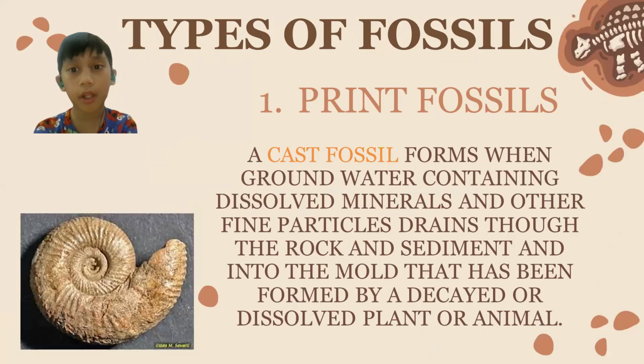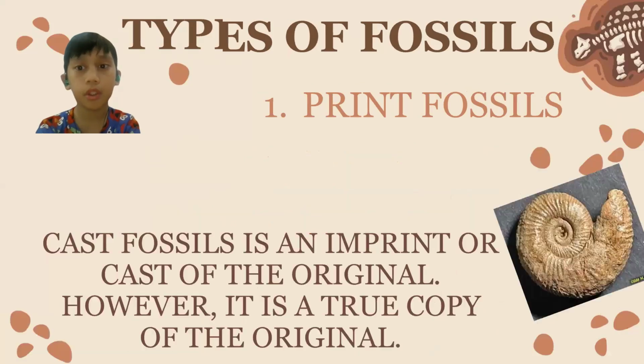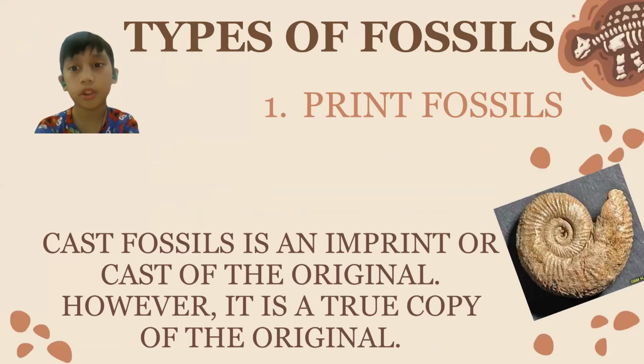The minerals and fine particles in the water are deposited inside the mold. When enough minerals and particles are deposited to fill up the mold, a copy or cast of the original plant or animal is made. With time, the cast can harden and a cast fossil is made.